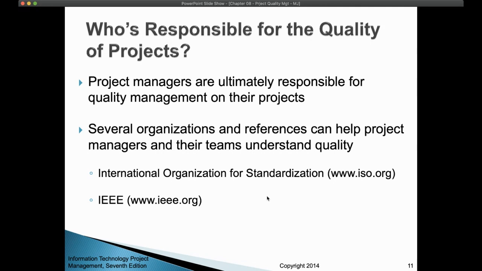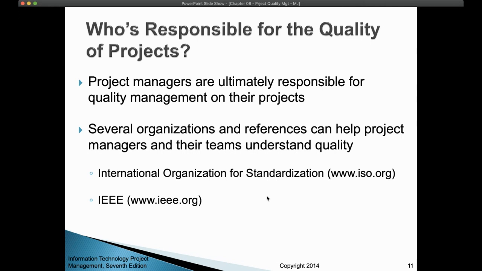So what we do is, and we talked about this in the first chapter of the semester, we talked about the best practices and the standards. If you follow a standard, then the chance that you make mistakes or miss some quality issues is less.